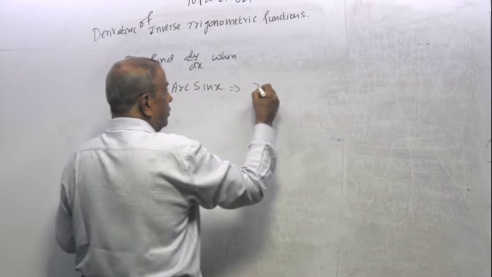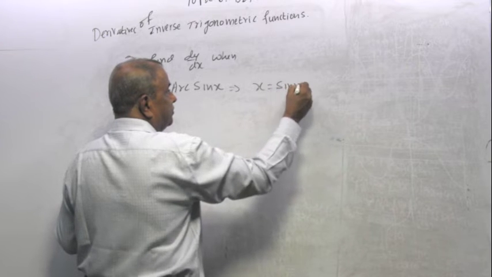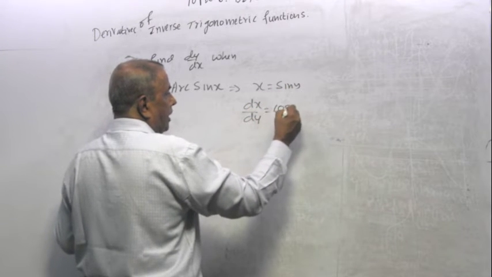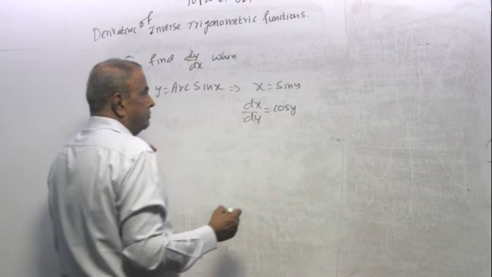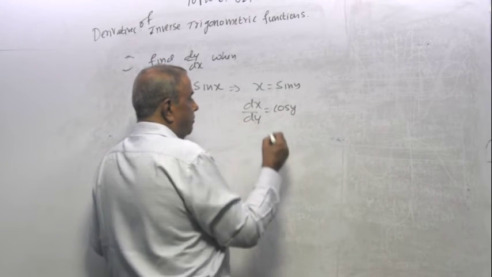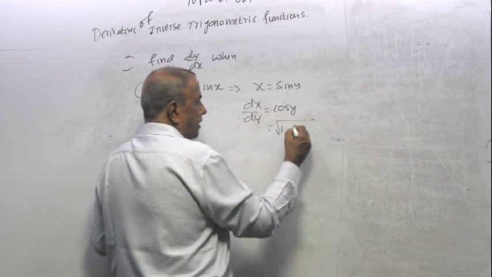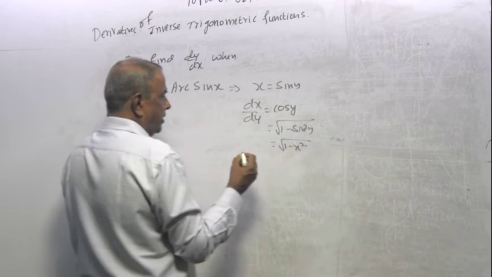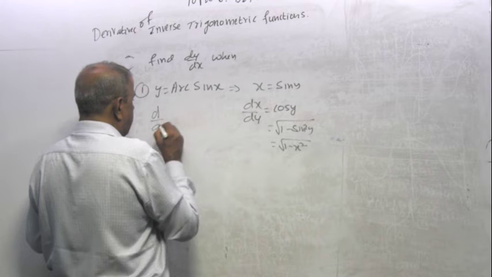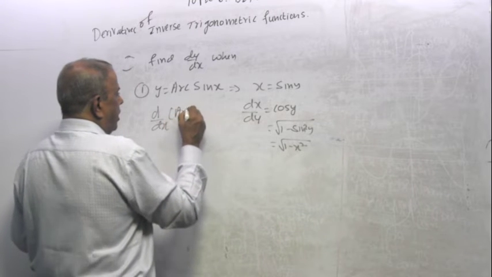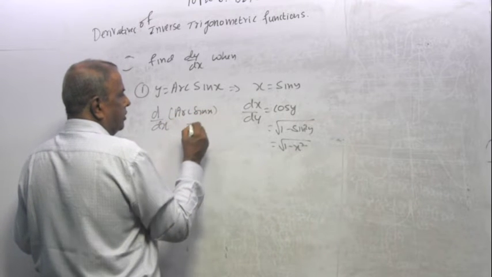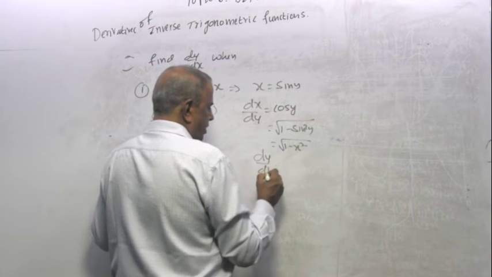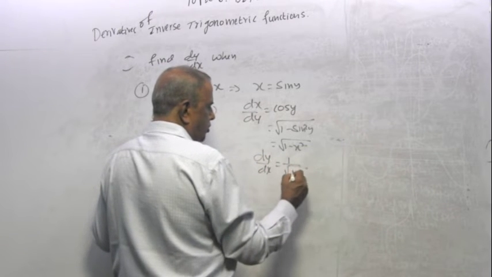So the only thing you can do is x equal to sin y, dx by dy equals cos y, which is root of 1 minus sin squared y, which is root of 1 minus x squared. So d by dx of arc sin x, dy by dx is 1 over root 1 minus x squared.